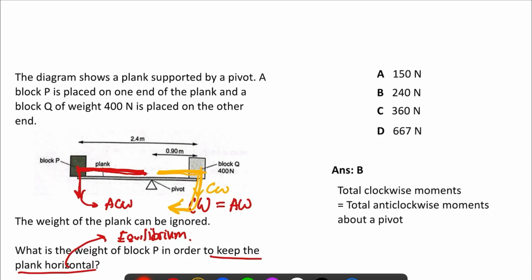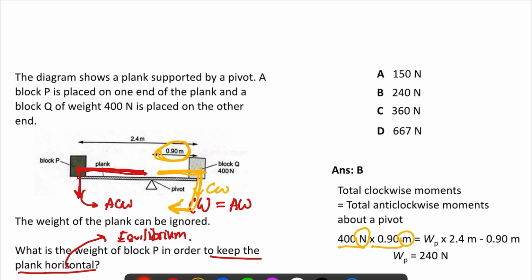Total clockwise moment equals total anti-clockwise moment. So from here, we take 400 times 0.9 meter. Things to note about this topic is that the unit must be Newton meters. That's why we are taking Newton times meter. In the event the question is given in terms of cm, you have to convert to meters first.